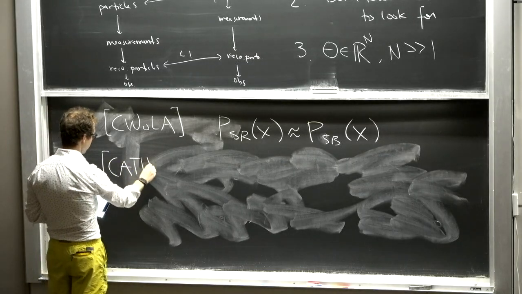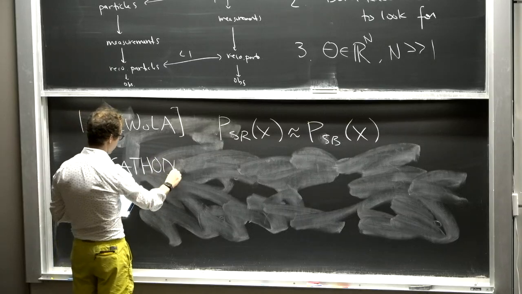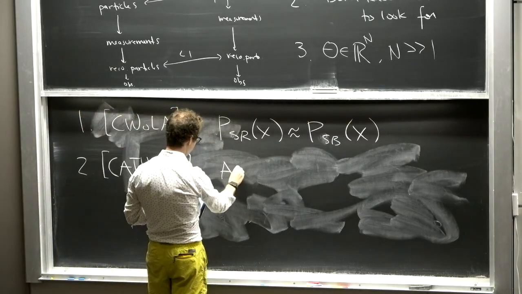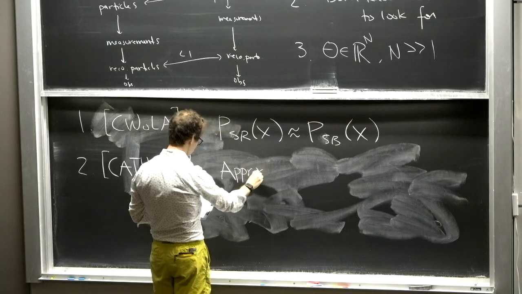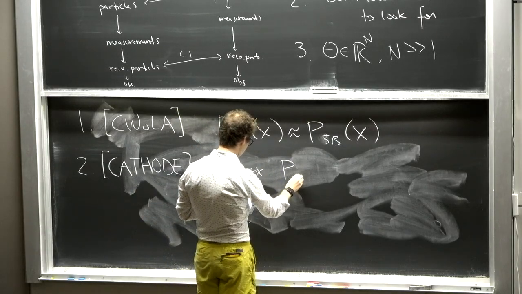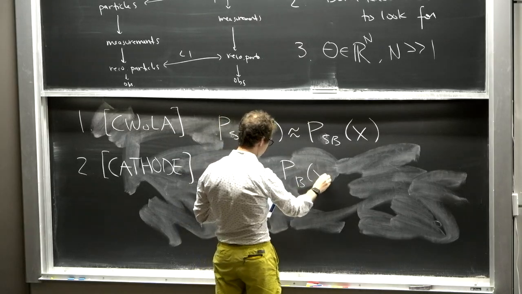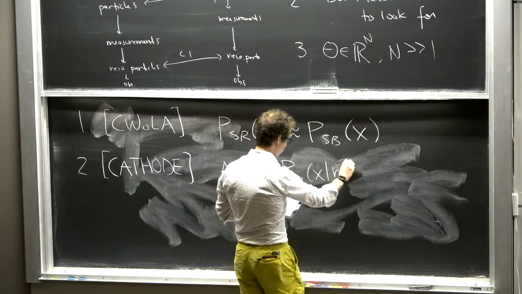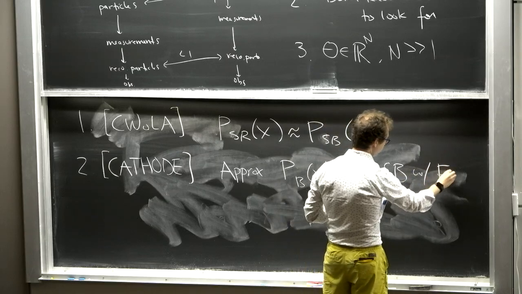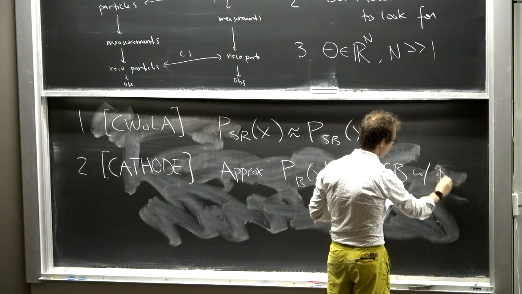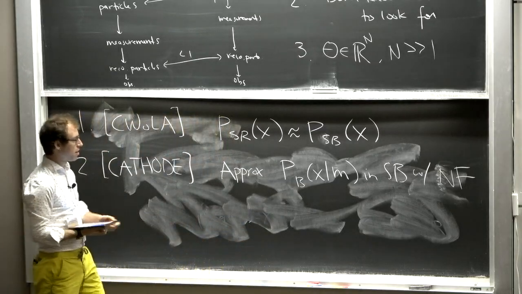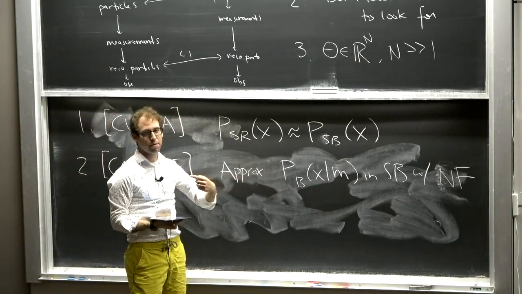So another option, and this is called CATHODE, is to approximate the conditional density of x given m in the sideband using a normalizing flow.